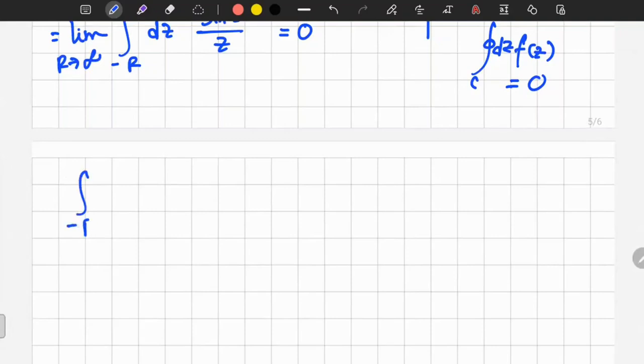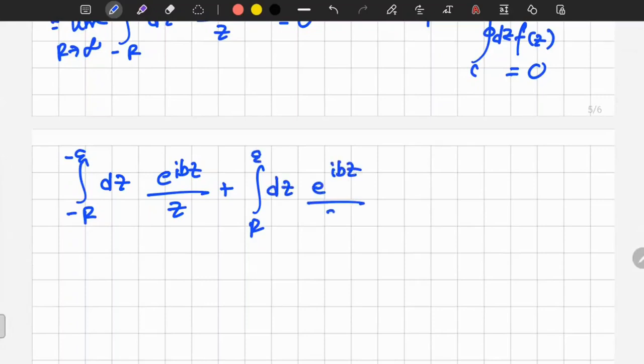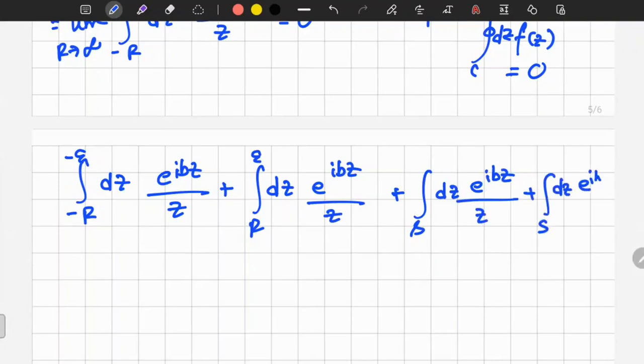So this integration minus r to r, we can write it like minus r to minus epsilon dz e to the power I bz by z, plus epsilon to r dz e to the power I bz by z, plus in the small s dz e to the power I bz by z, plus capital S dz e to the power I bz by z. There are 4 parts. Okay.